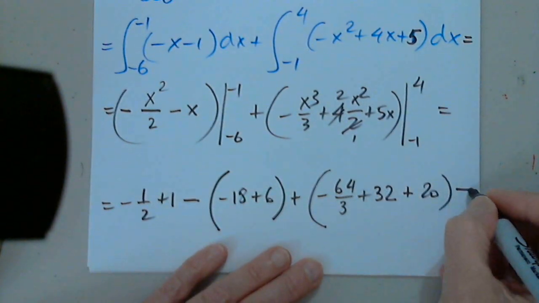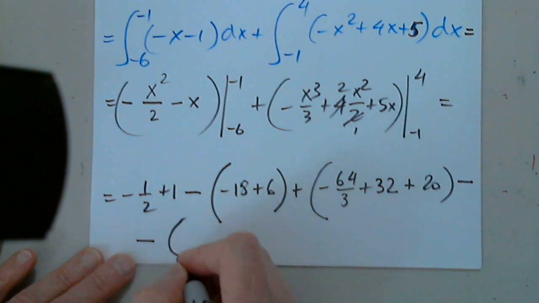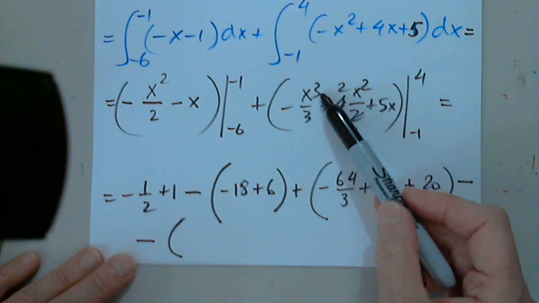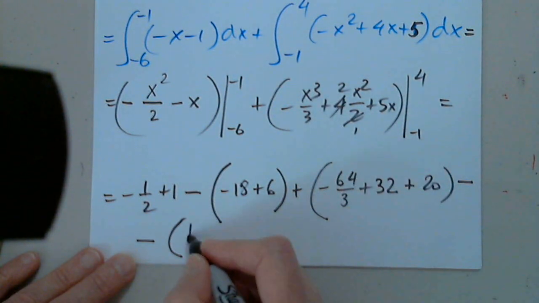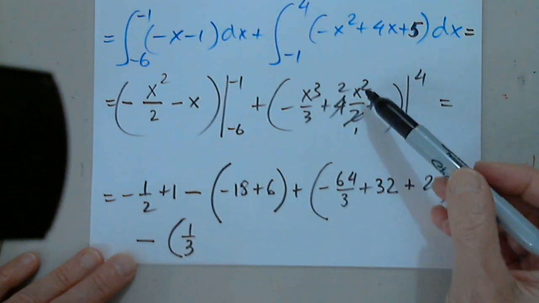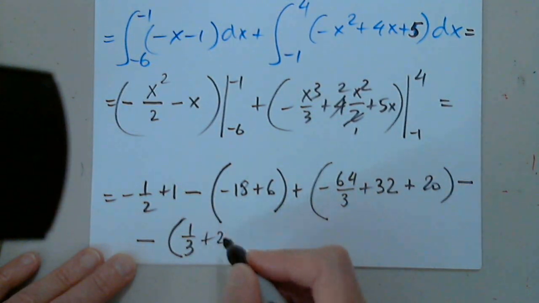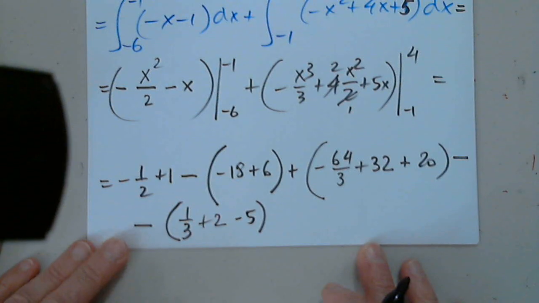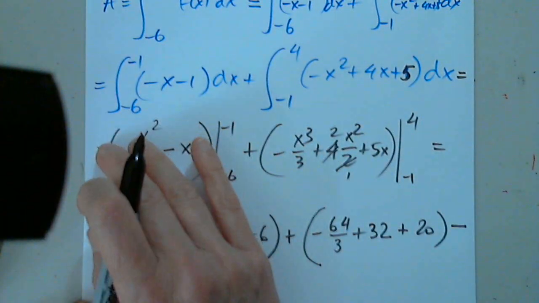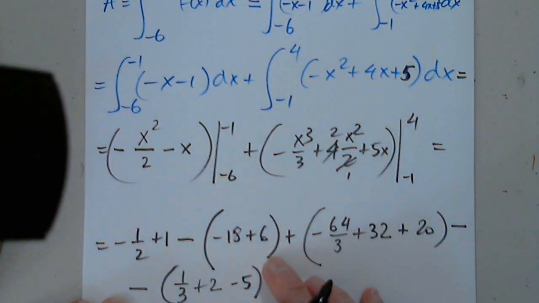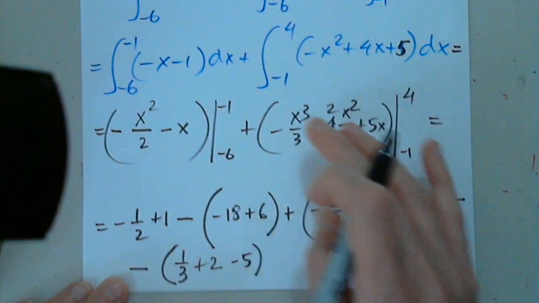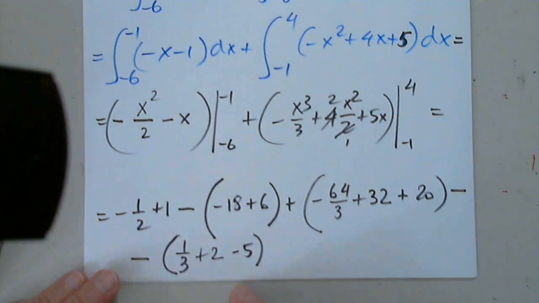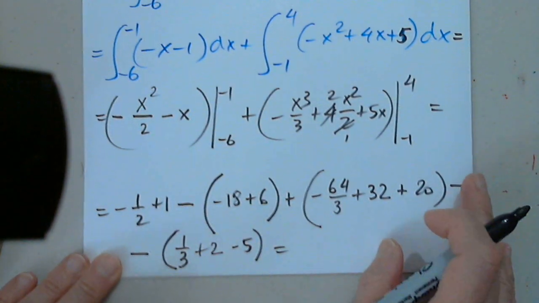Don't forget, put minus, open parentheses, because you may forget to distribute. -1 cubed is -1 with minus in front is 1, so 1/3. -1 is 1 times 2 is +2, and this is -5. So one more time, I plugged in -1 and then minus when I plugged in -6, plus I plugged in 4, minus when I plugged in -1. I know this is a mess, but I have to finish it.